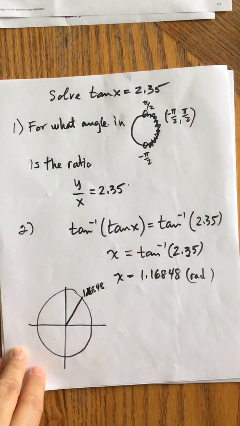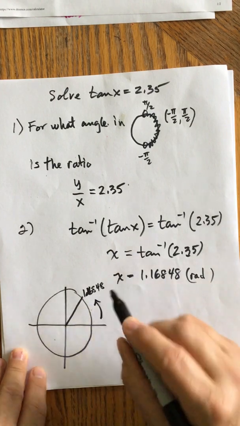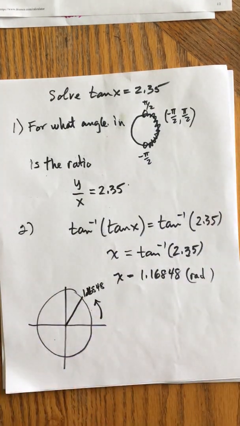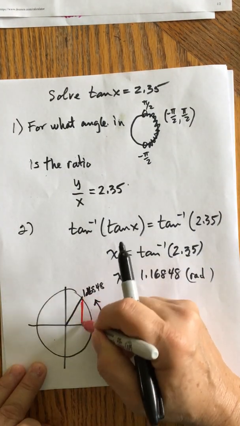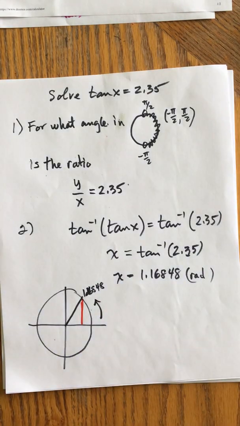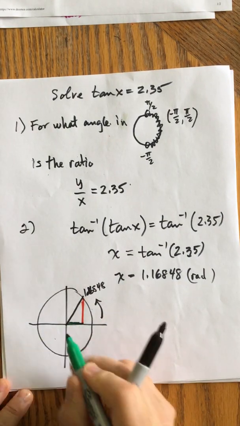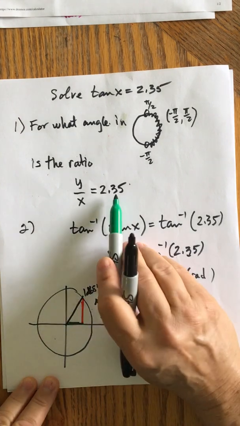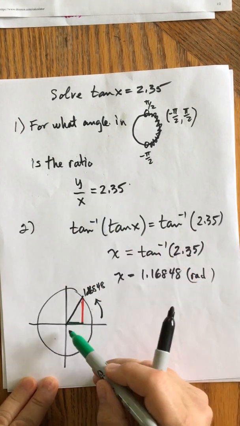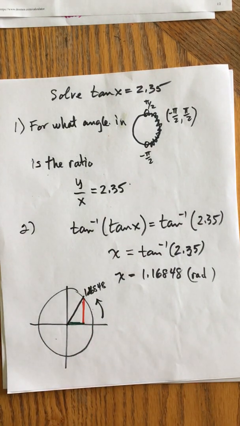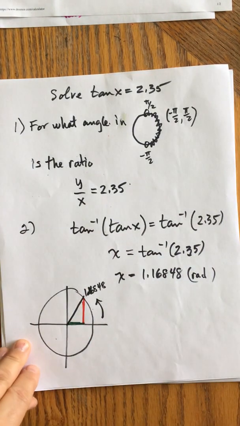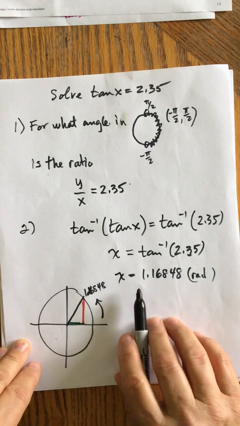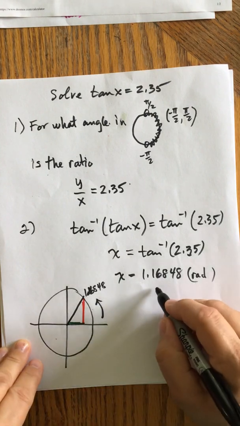So there I am, and I rotated that much, and essentially what it's saying is if this is the y movement and this is the x movement, the length of this y coordinate is 2.35 times as much as the length in the x coordinate, because that ratio is 2.35. So the calculator is giving me this solution.